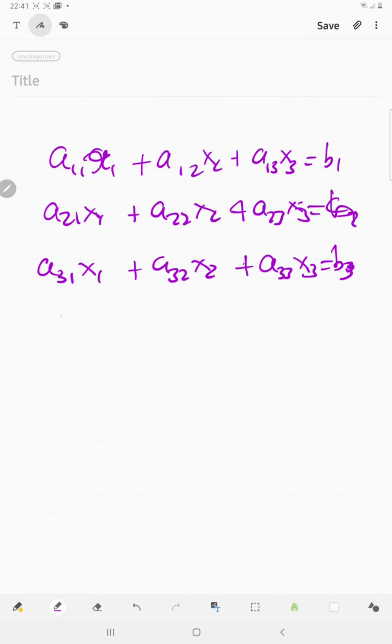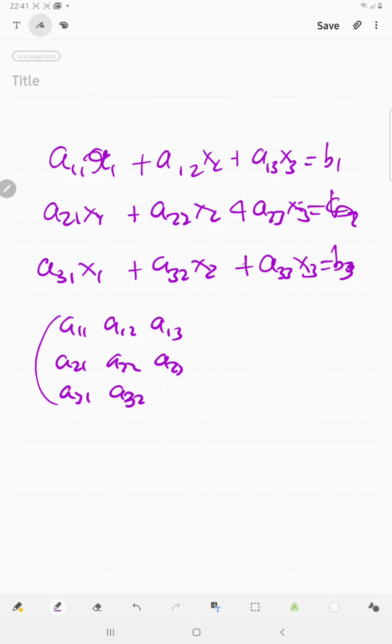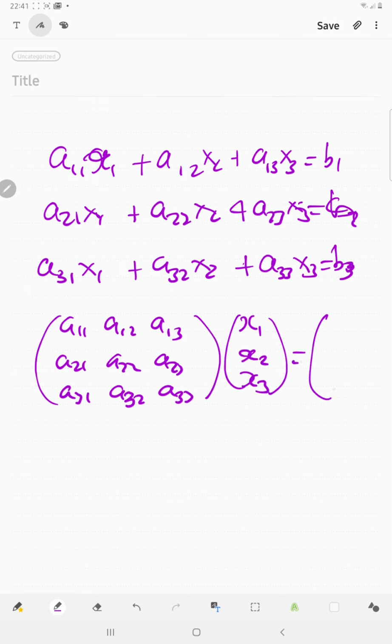This one can be represented as the matrix A11, A12, A13, A21, A22, A23, A31, A32, and A33, multiplied by x1, x2, and x3, and this is the same as B1, B2, B3. So this is actually the matrix equation.